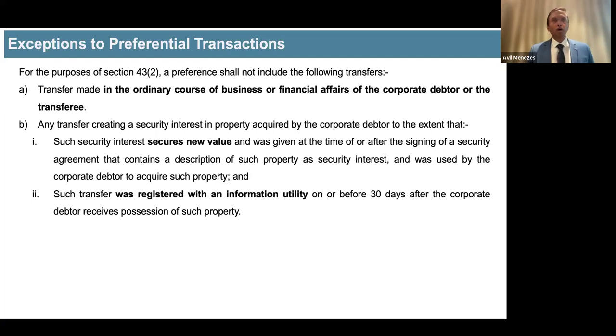And if at all some new value was created for the corporate debtor and this transfer was registered with an information utility, then what they are saying is they are protecting an unsuspecting buyer. A buyer in good faith would be protected, but anyone who takes a conscious decision, like the bank in the case of the JP Group, would fall within the ambit of a preference.